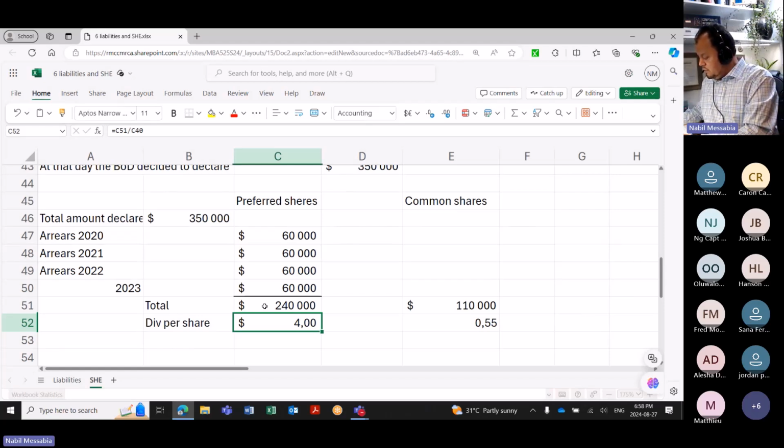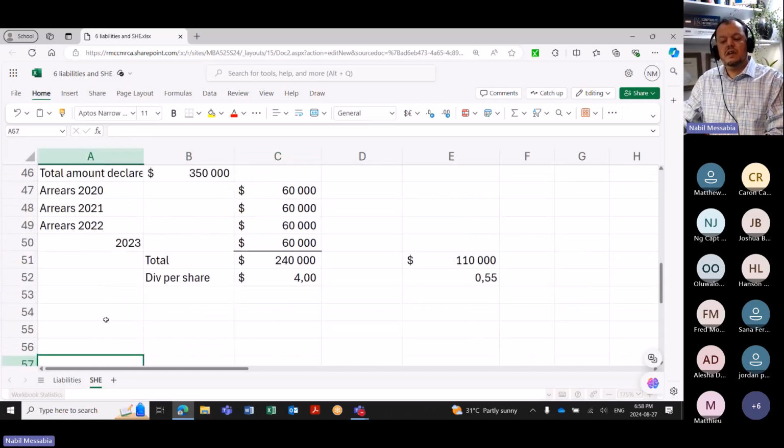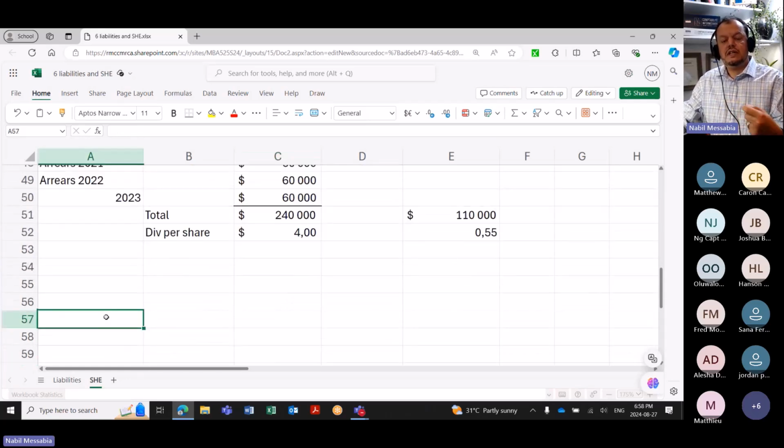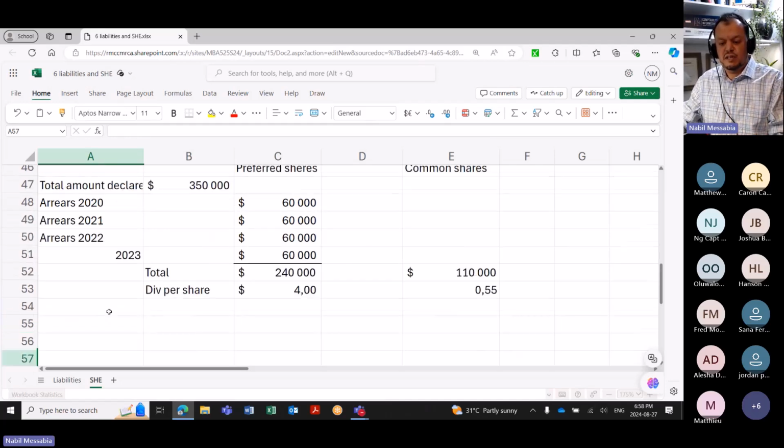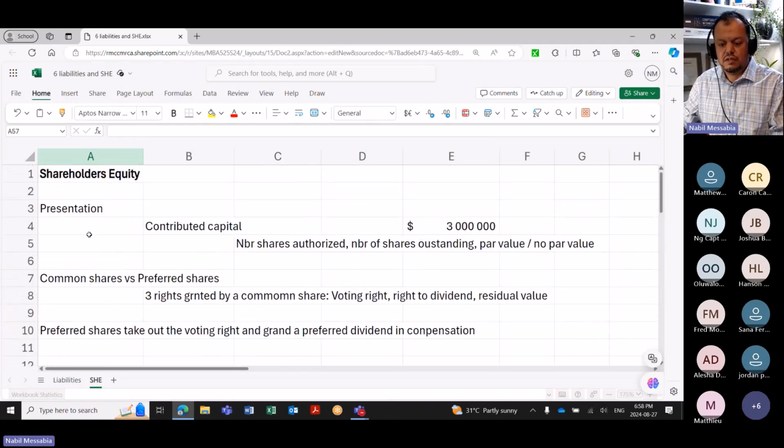So: common shareholders, authorized contributed capital, preferred dividend, cumulative, non-cumulative, computing dividend. The very last thing you may be asked about is issuing shares to purchase a PPE. This is shareholder equity.